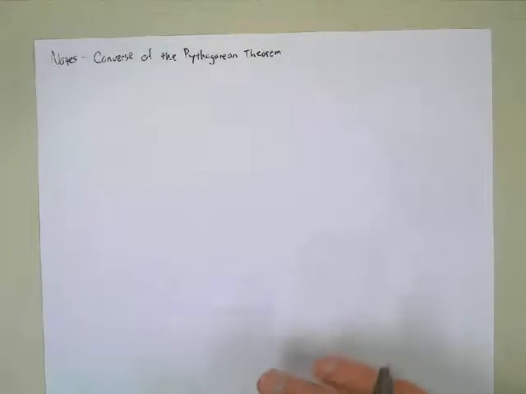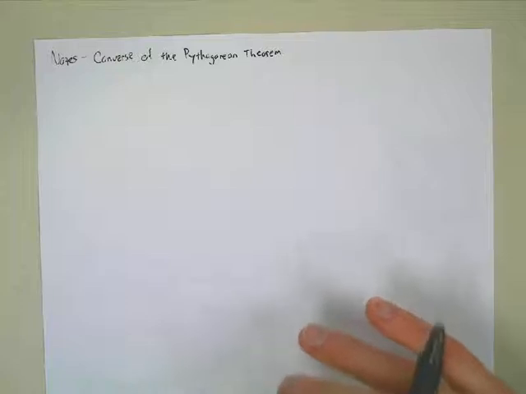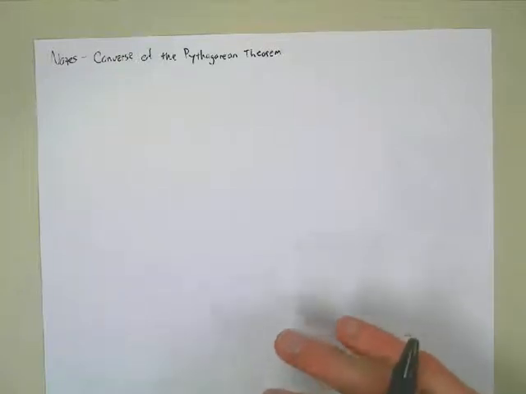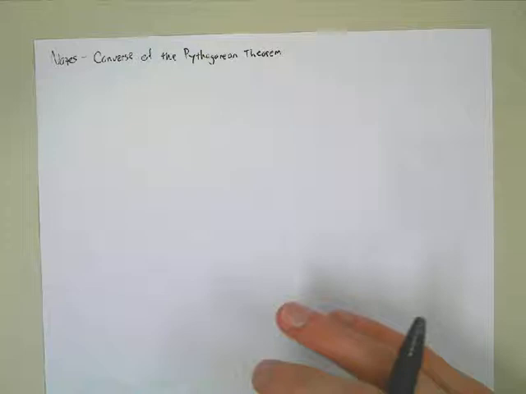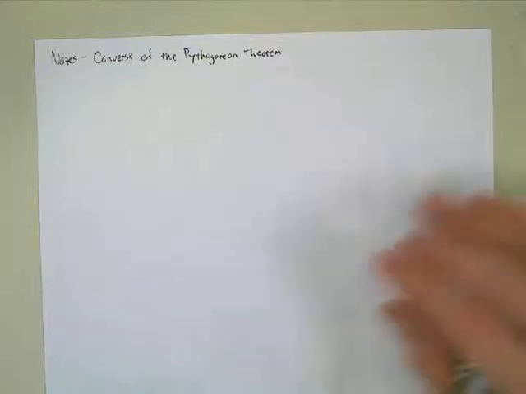The converse of the Pythagorean theorem says if you've got a triangle such that leg squared plus leg squared equals hypotenuse squared, then that triangle is a right triangle.